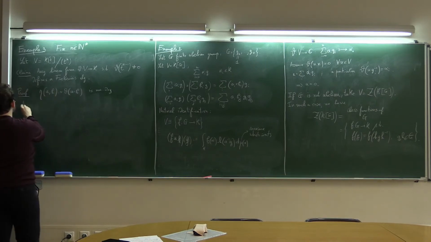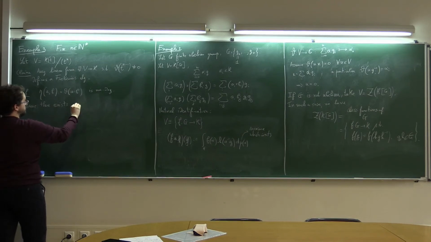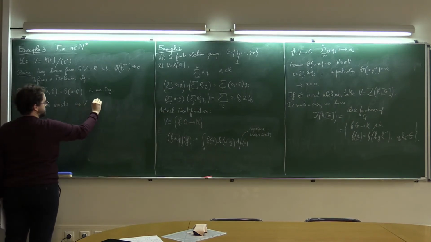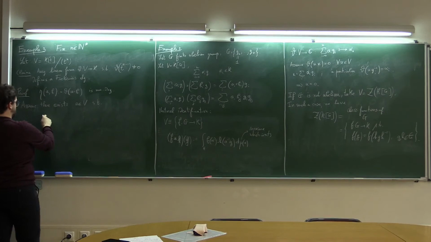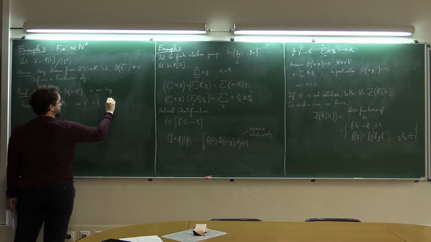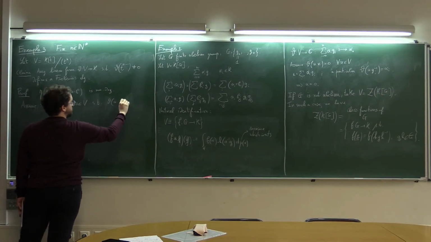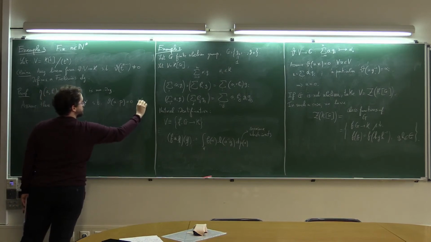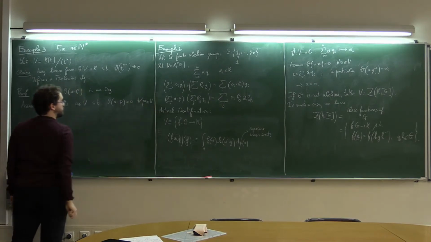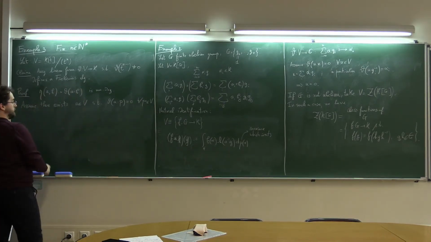So assume there exists an element a such that theta of a times p equals 0 for any p in this quotient.